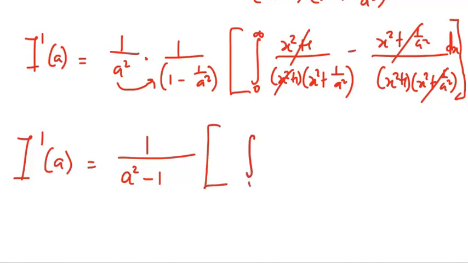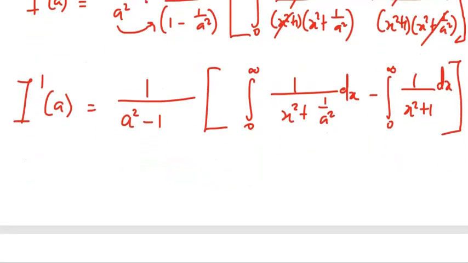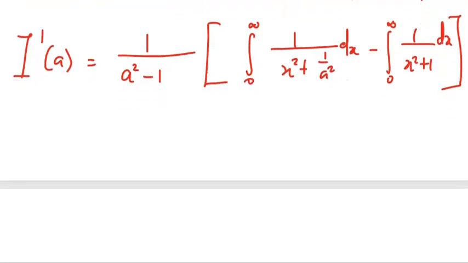Okay, so here we have the integral from 0 to infinity of 1 all over x squared plus 1 over a squared dx, minus the integral from 0 to infinity of 1 all over x squared plus 1, and here we have our dx. Where is this leading us to?